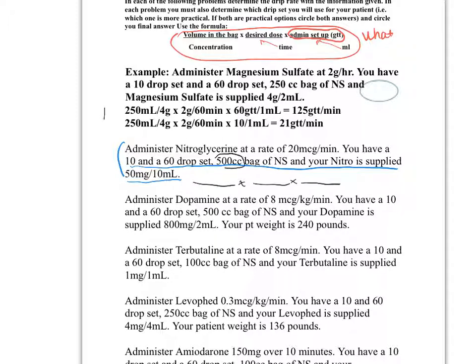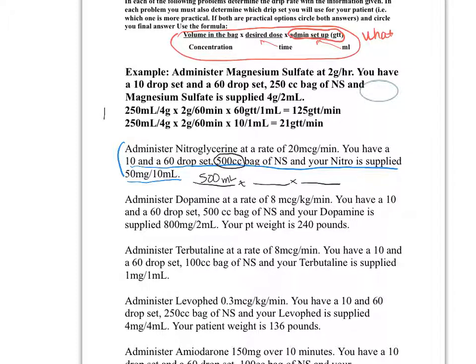Well, my volume is 500 milliliters or 500 cc's, and because my calculation is going to be in milliliters, I'm going to change cc to milliliters. So I have 500 mLs, and that's what I have for my bag. I haven't gotten to the concentration yet of what I'm going to put in my bag. I just know that that's what I have for a bag.